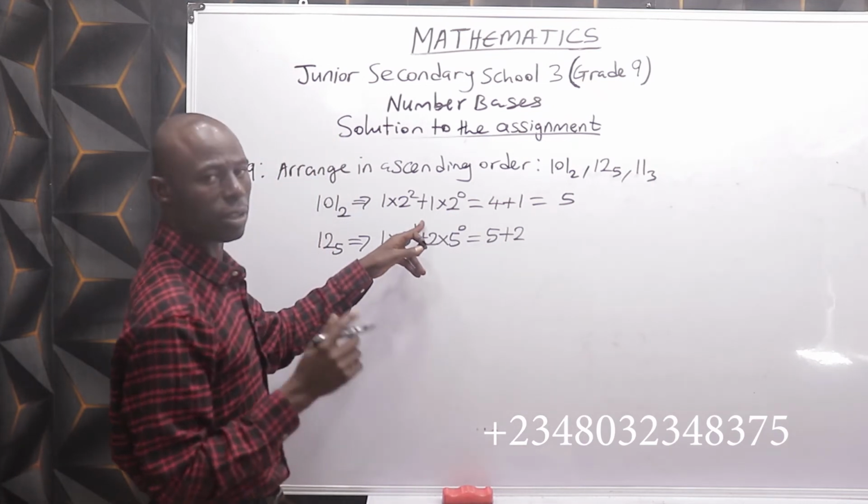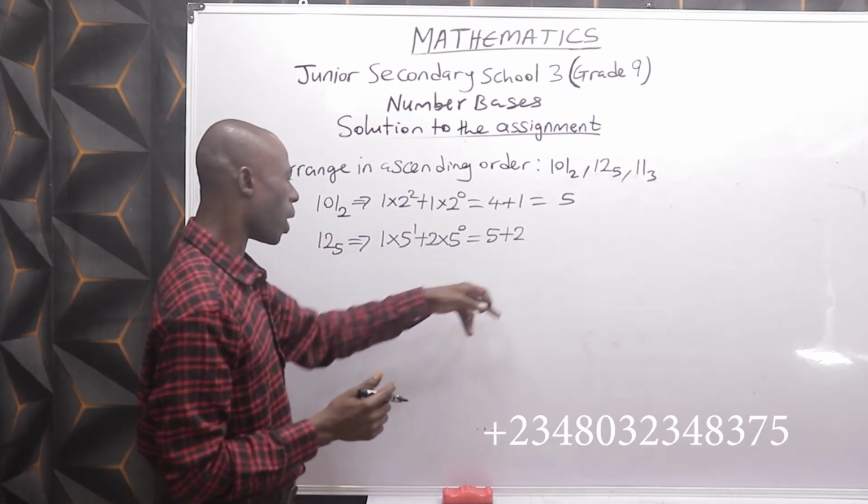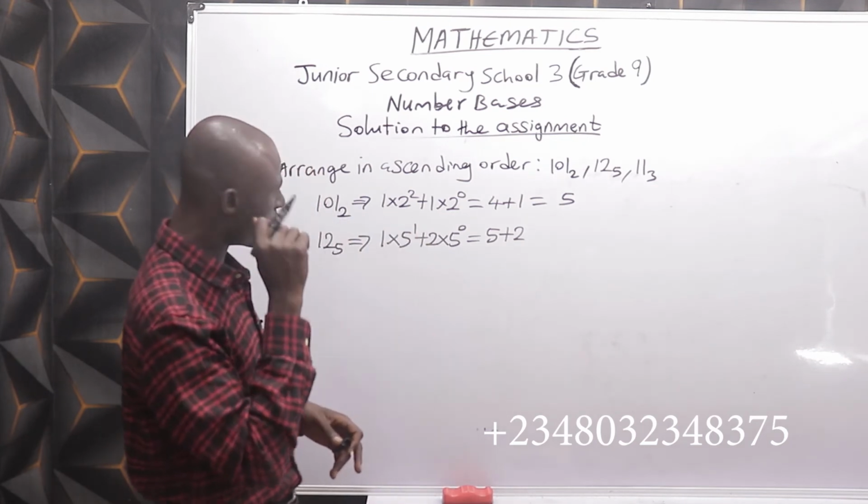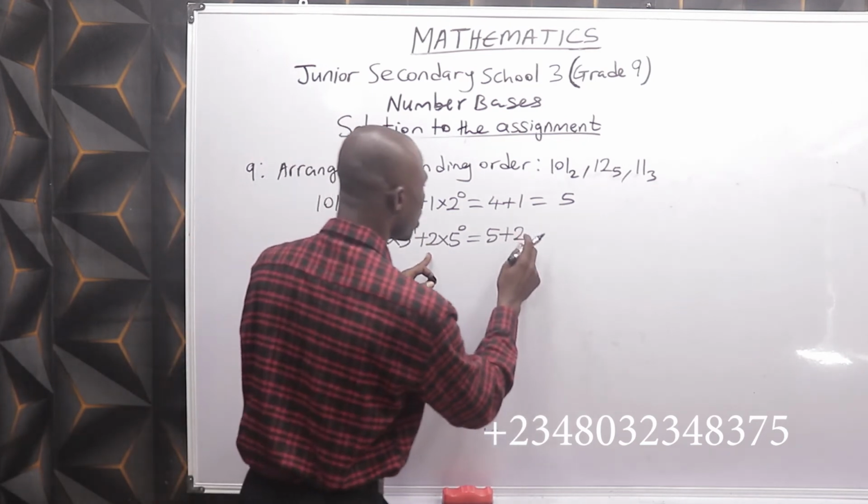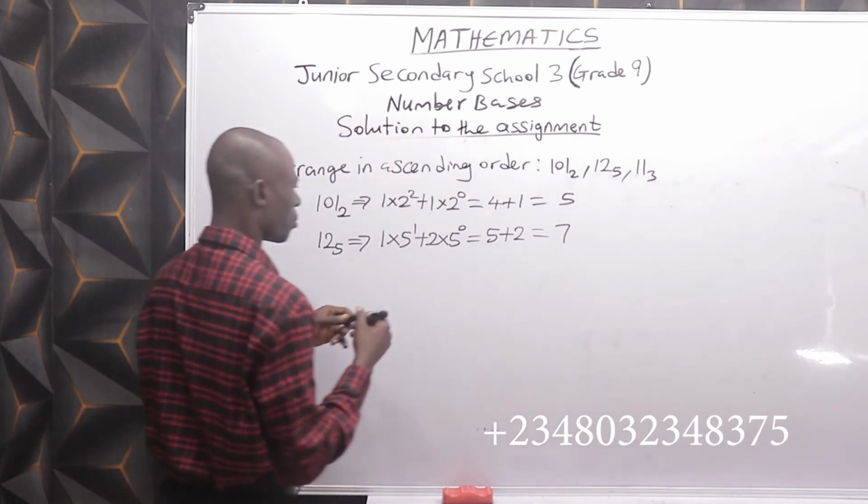Because 5 raised to power 1 is 5 times 1 is 5, plus 5 raised to power 0 is 1, 1 times 2, that's 2, and that is 7.